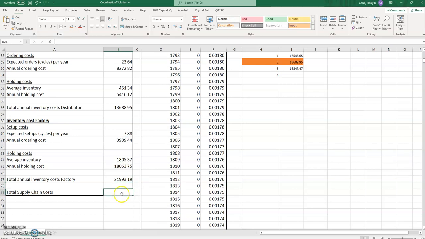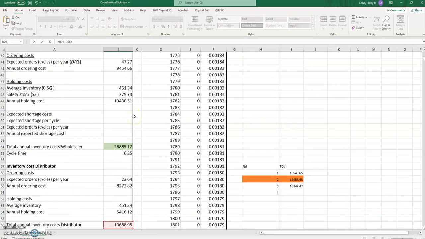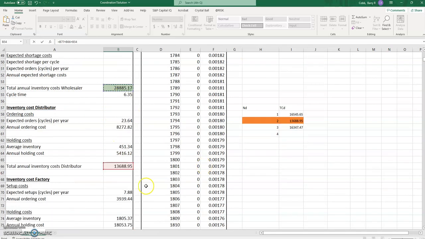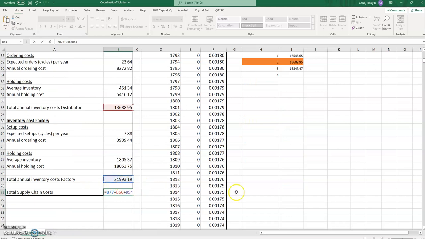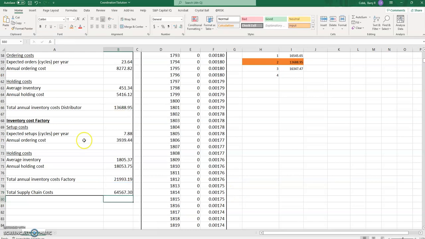And we'll go ahead and add together the total supply chain cost: wholesaler plus distributor plus factory. And those will be useful when it comes to analyzing the centralized mode versus this decentralized mode.